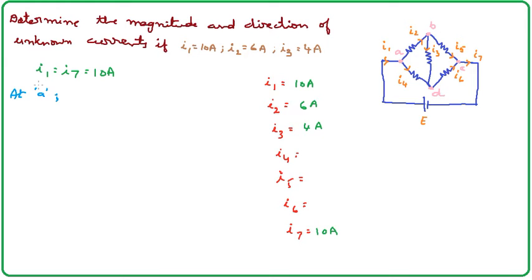So at node A, I1 is entering, so it is positive I1, and I4 is leaving node A and I2 is also leaving node A. So I1 minus I2 minus I4 is equal to 0.